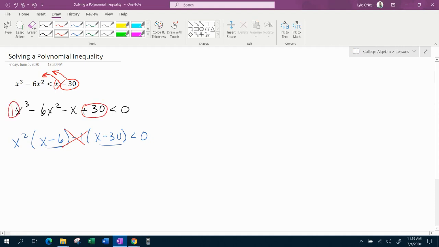Okay, so what we're going to do is take the plus 30 and the lead coefficient of 1, and we're going to use something called the Rational Zero Theorem. What the Rational Zero Theorem says is, if you take all of the factors of the constant, which is 30, that would be plus or minus 1, plus or minus 2, plus or minus 3. 4 doesn't go into 30 evenly, but 5 does.